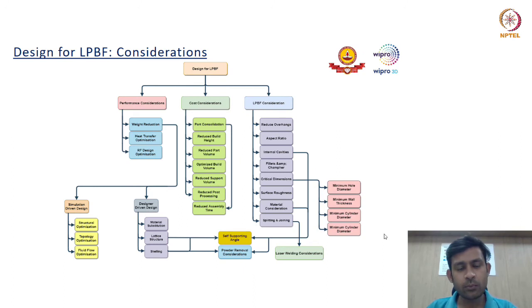So when we are dealing with design for additive manufacturing, and specifically design for LPBF in this case, there are certain types of considerations. Whatever considerations we spoke about in the case studies that I have shown you, whether it be the feed cluster or the altimeter component, there are these three considerations: the performance considerations, the cost considerations, and the LPBF considerations, which need to be given at the designing stage itself, if you want to have an economic manufacturing process plus an economic life cycle of the component.